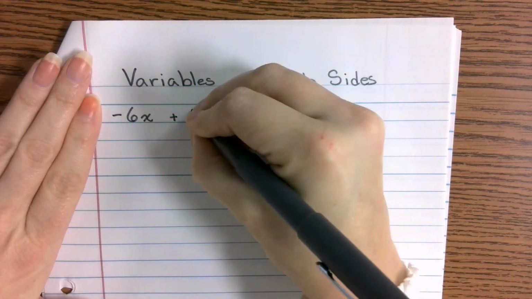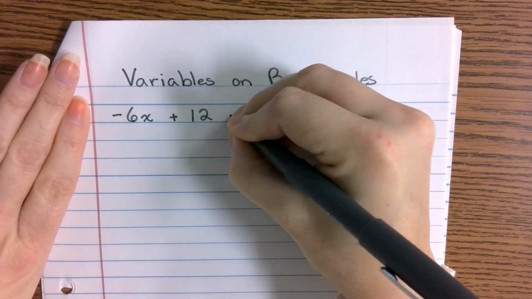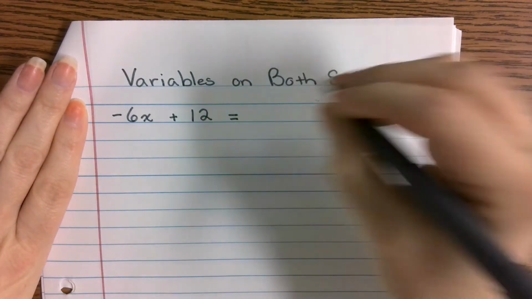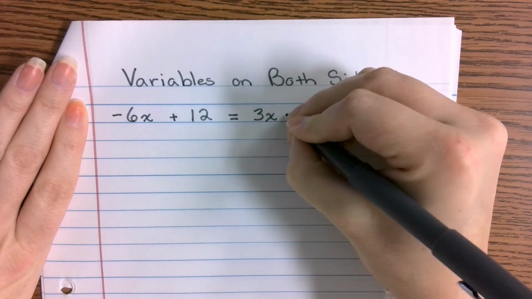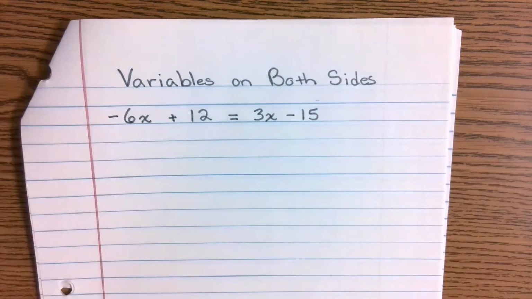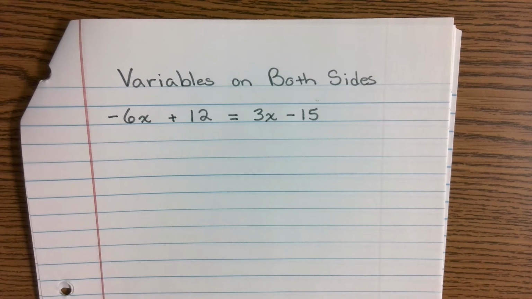So if I give you a simple variables on both sides equation, negative 6x plus 12 is equal to 3x minus 15. This is a simple equation, but it is considered to be multi-step because it has the variables on both sides.